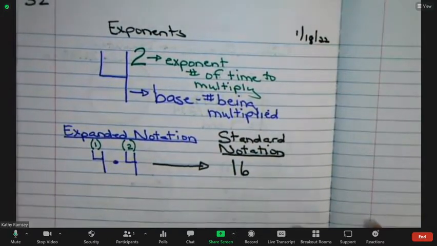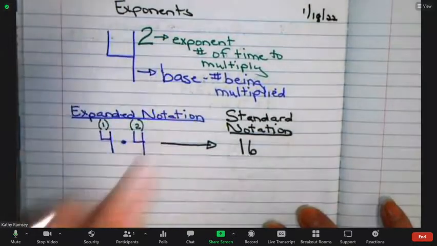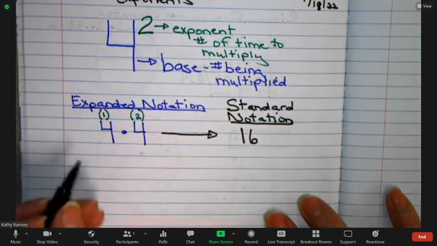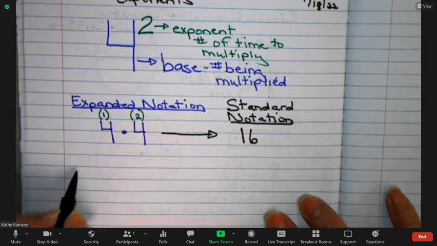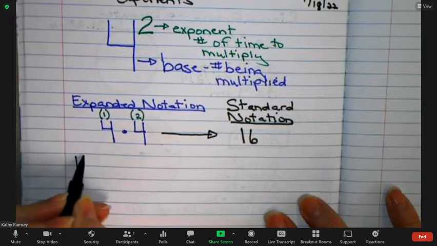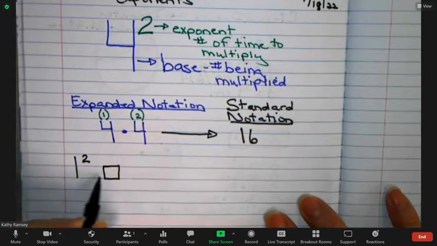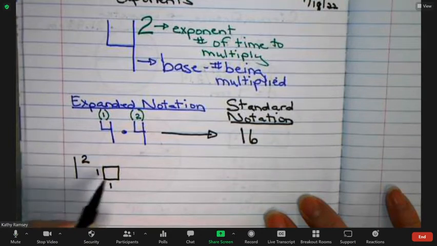I want to take a second and go over why we call this squared. It would be better if I did this on graph paper, but that's okay. If I had 1 squared, I would have 1 times 1, which is 1.